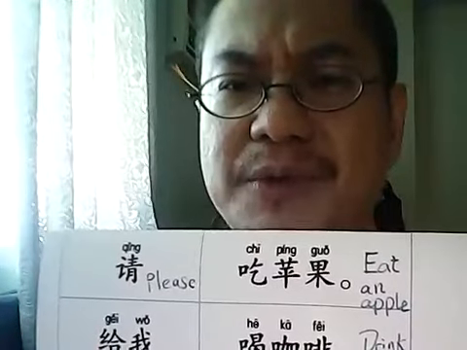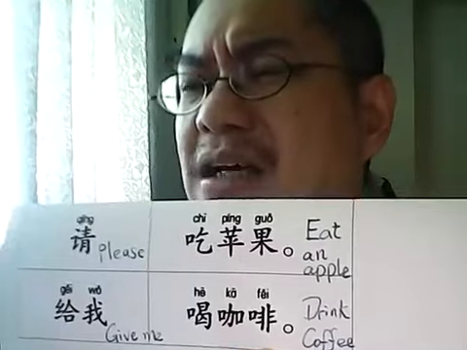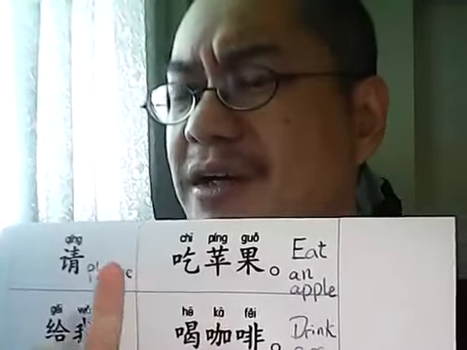How about the rude way? Of course, sometimes we want to give someone an order, a command. Do this. Do this. So of course I have to teach you this. How to give someone a strong order. And that's also an imperative tone, right?